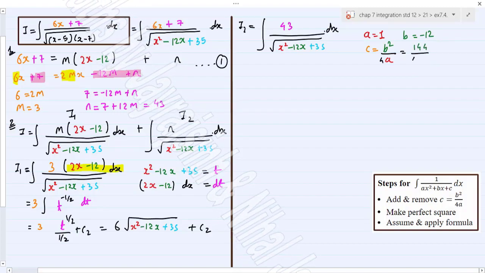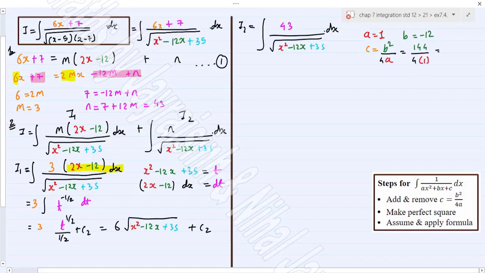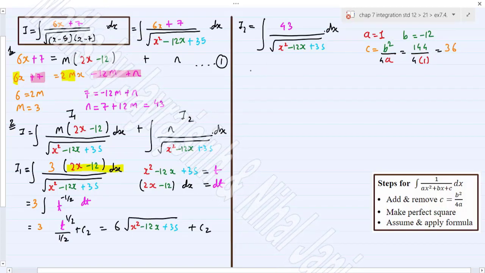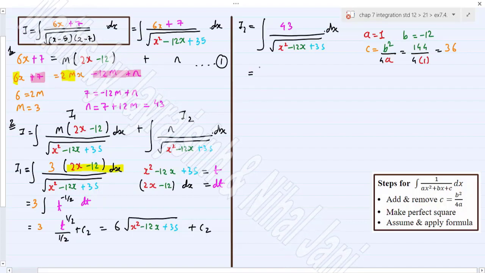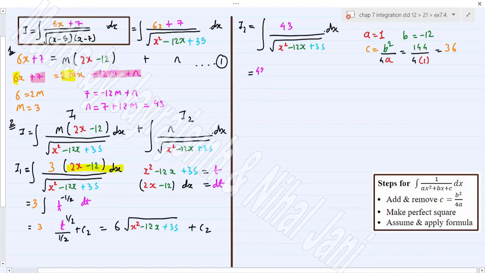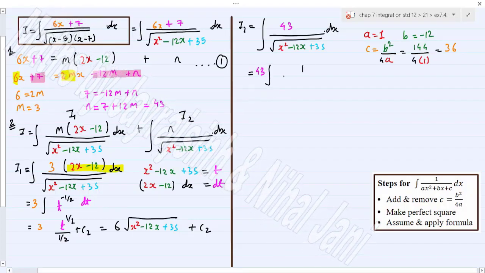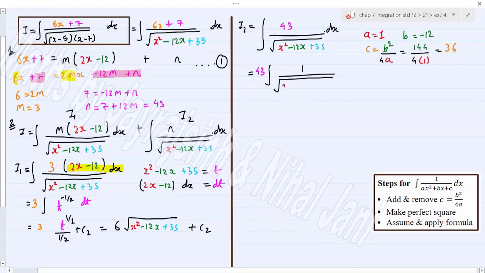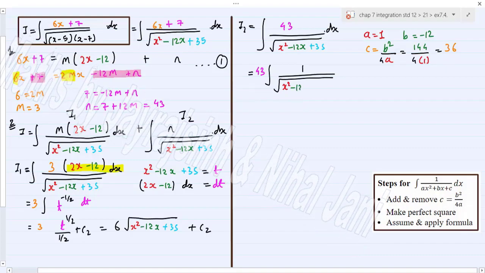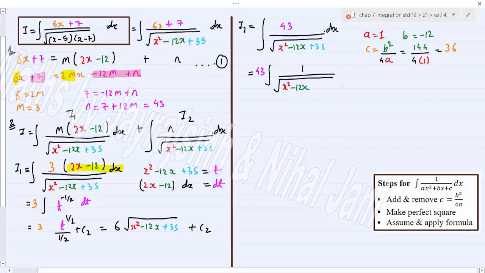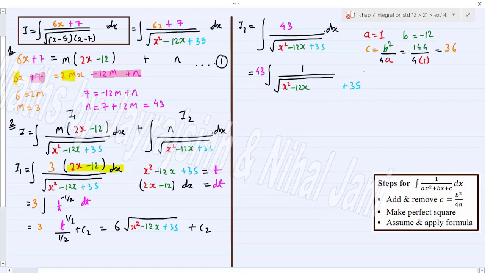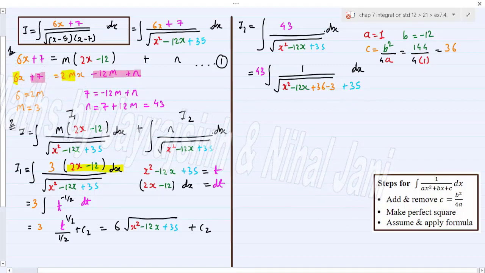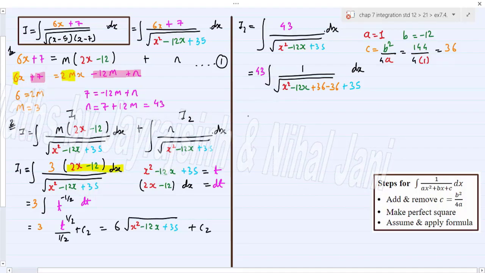144 upon 4 times 1 will give us 36. So let's write down what we have. 43 outside, integration of 1 upon under root of x square minus 12x plus 35. Now let's add and remove our required last term, which is 36.